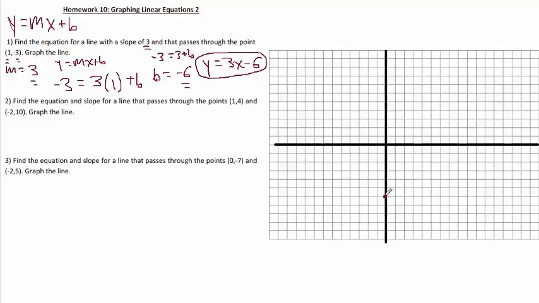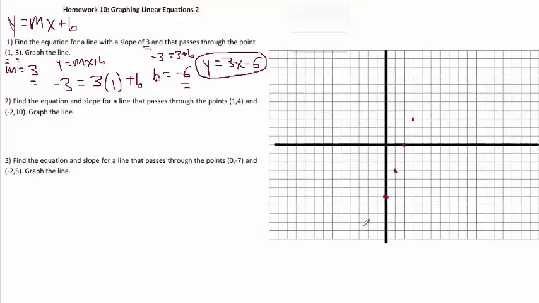Here is the y-intercept. And then we can use the slope, which is always rise over run, to figure out other points. It's 3, so that means up 3 for every 1 over. 1, 2, 3 over 1, 1, 2, 3 over 1, and we could really do this as often as we like.